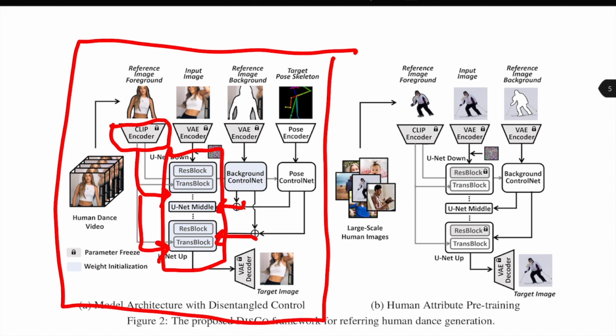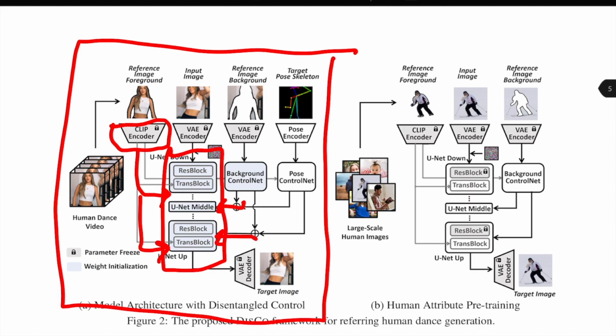As far as what data you use here, the data is videos. So you take the first frame of the video, make that your foreground and your background image, and then you use every frame to create the different poses and train in that way by using the videos. Now, the one thing you'll note on the right, when we did the human pre-training, we didn't have to use videos.